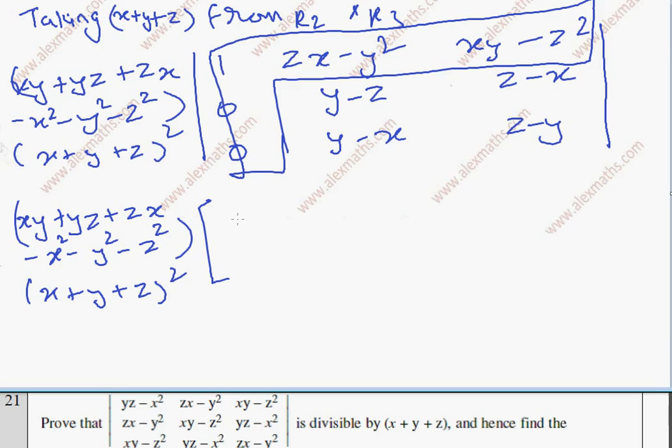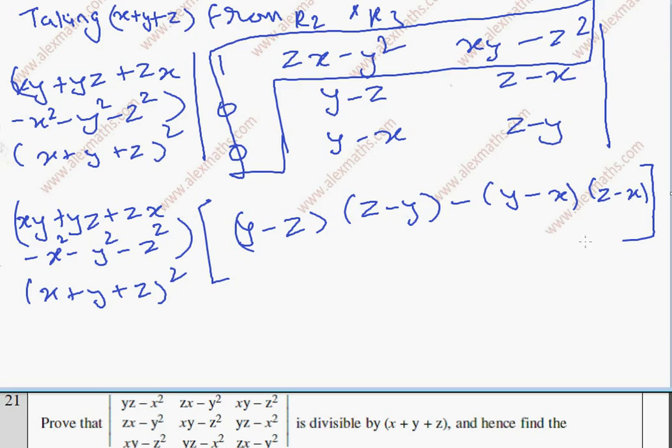Now this expansion will be 1 into y minus z into z minus y, minus of y minus x into z minus x. Then we have to expand these terms.